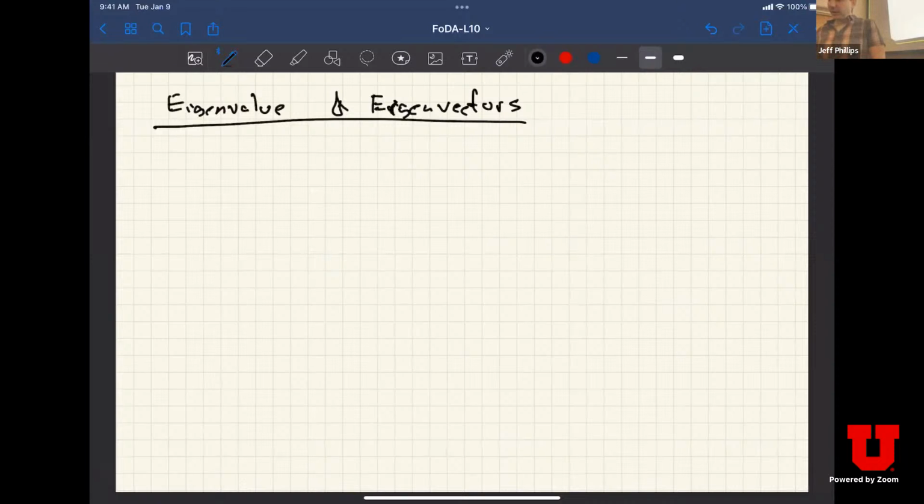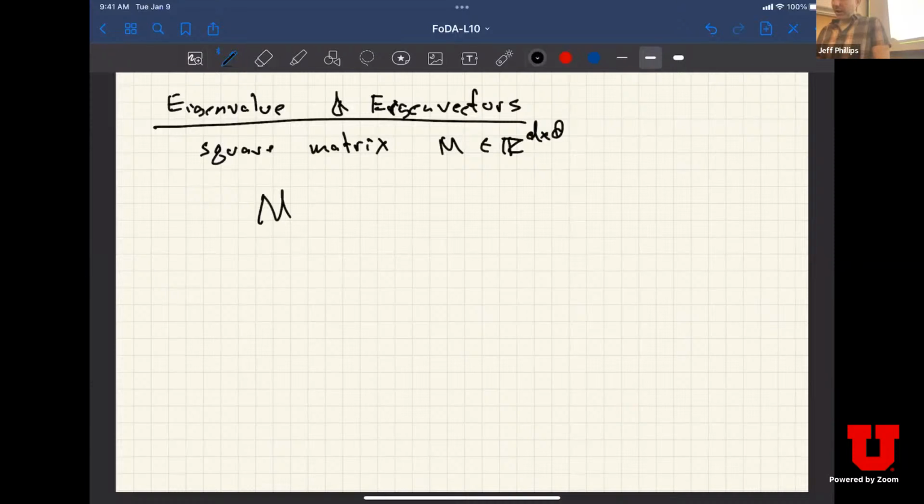If you haven't seen them before, if you have a square matrix M, so this is in R, D by D, then if you can write an equation where you have M times a vector and you get back a scalar times a vector, then let's see.